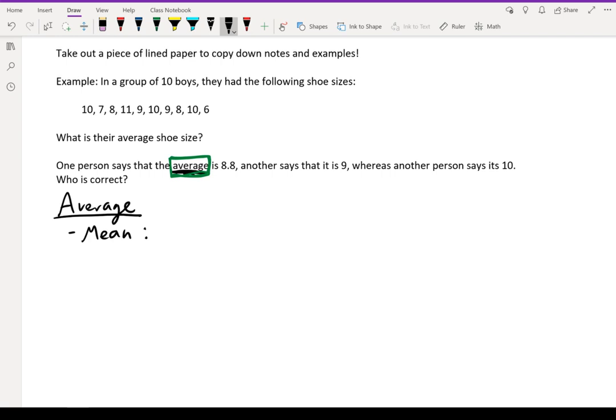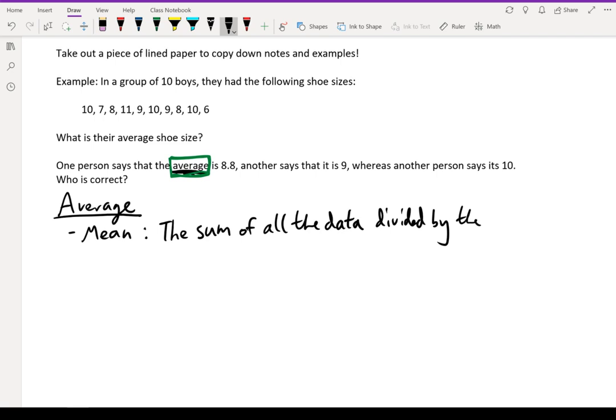of average, okay? So the mean is actually the sum of all the data divided by the total number of data.